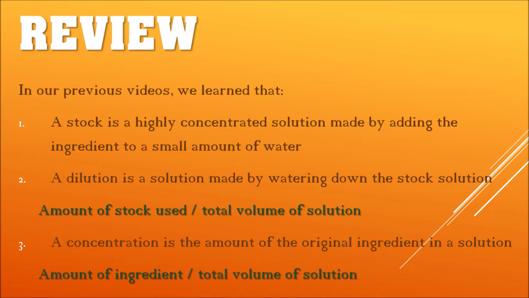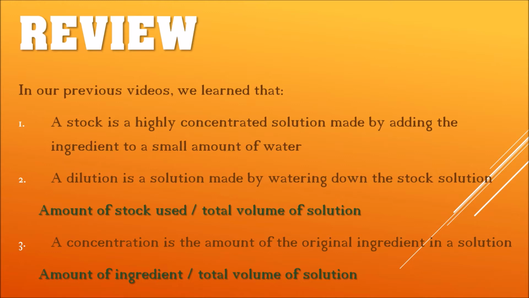Number three, a concentration. We've gone through stock solution and dilution, and now we're on to concentration, which is the amount of the original ingredient in your dilution. That OJ concentrate, which is the stock solution, has mostly orange juice in it and then a little bit of water.